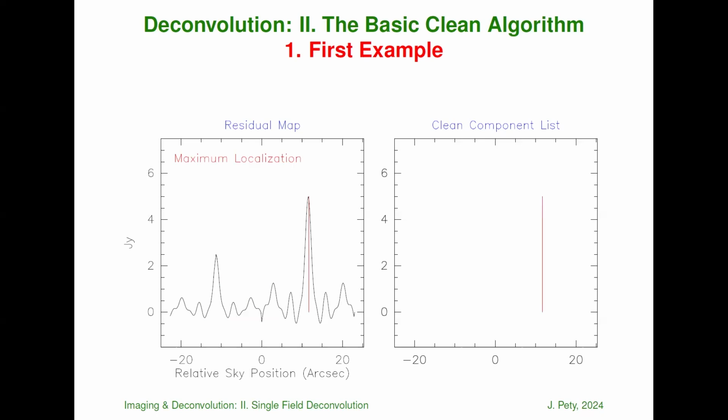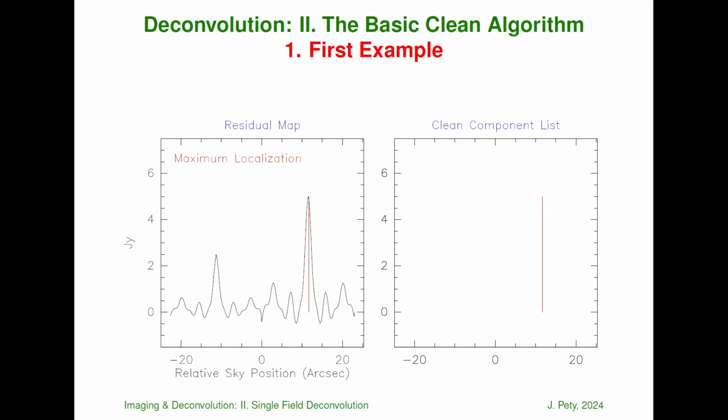First, we need to localize a first point source. In order to do this, we localize the maximum of the residual map. The maximum of the residual map is 5 Jansky at this position. And we say, good, we have found one point source, and we put it in the clean component list at the same position, 5 Jansky.